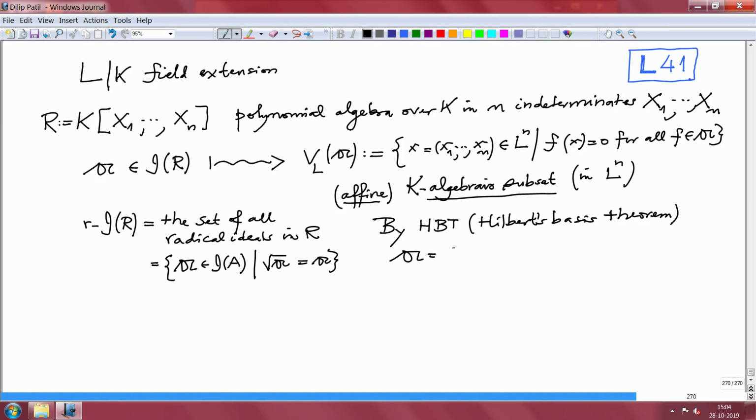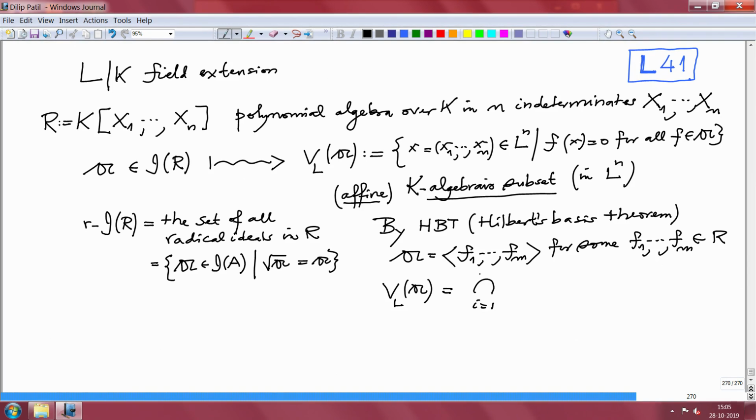So A is generated by f1 to fm for some f1 to fm in R, and therefore the zero set of A in L is precisely the intersection over j from 1 to m of V_L(fj). So we have to study only finitely many polynomials and their common zeros, and that is the central theme in algebraic geometry.